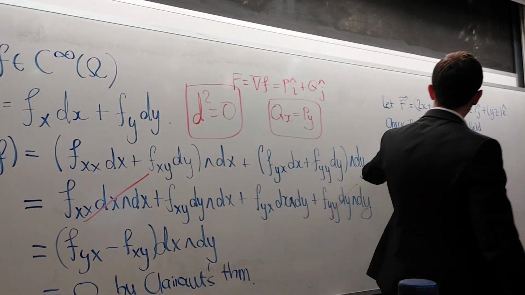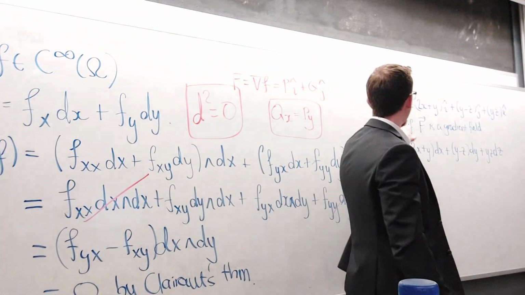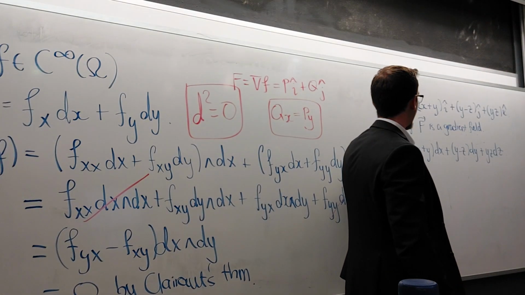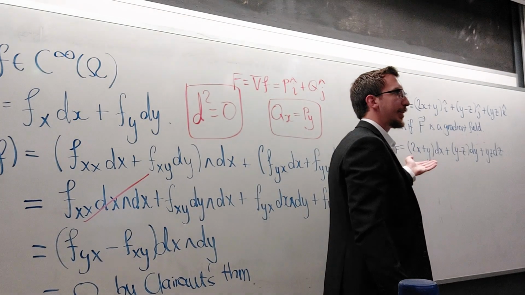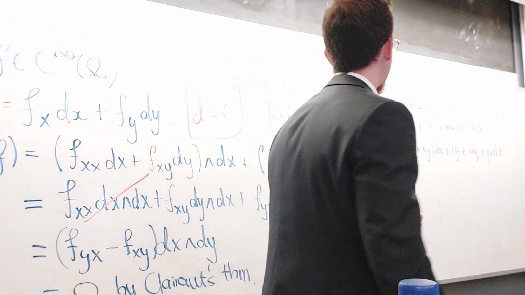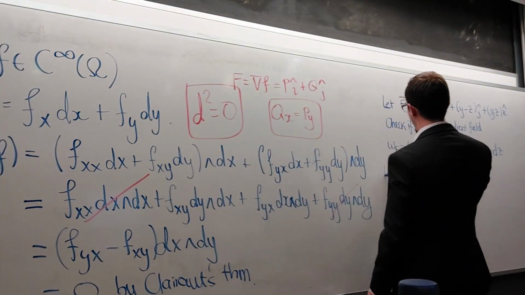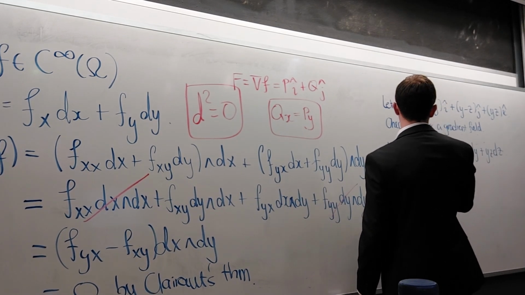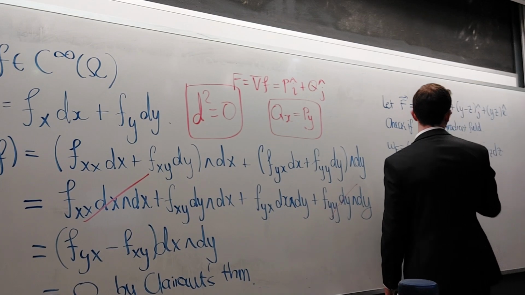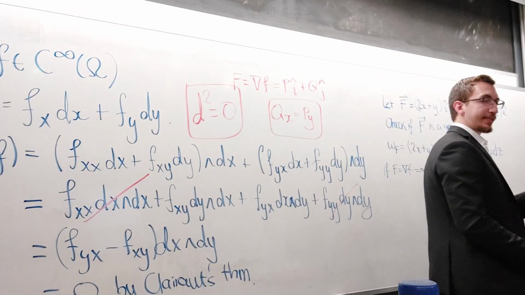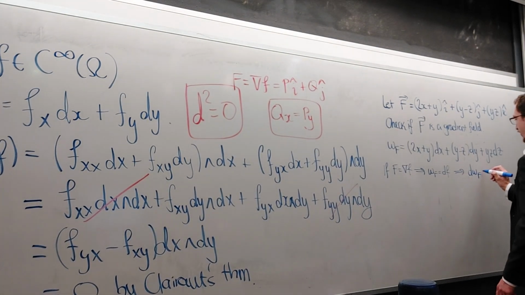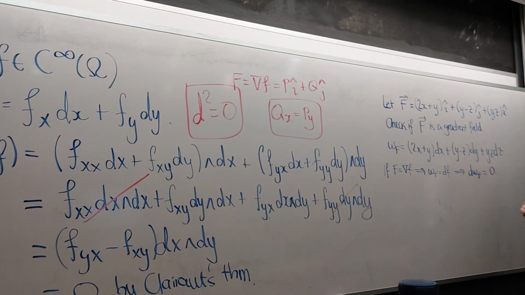Now, if f is a gradient field, then omega f should be the exterior derivative of a function, right? So let me just spell this out. So if f is a gradient field, that implies that omega f is df, and by this calculation I have just done, this implies that d omega f would have to be 0.